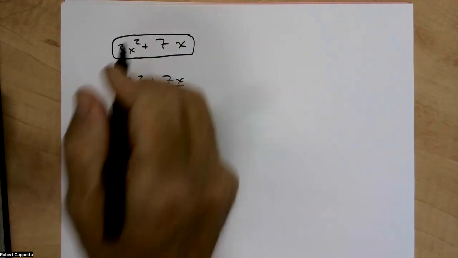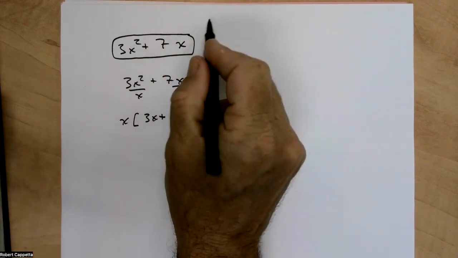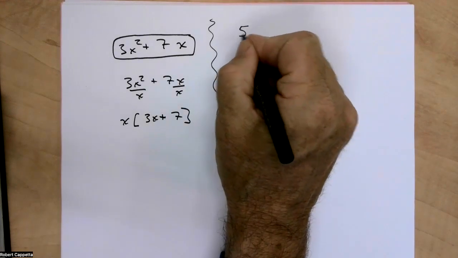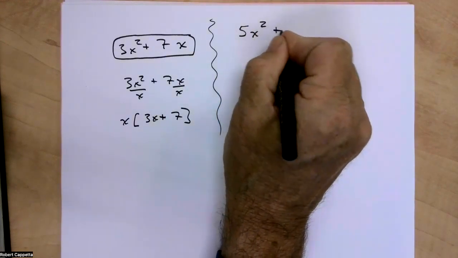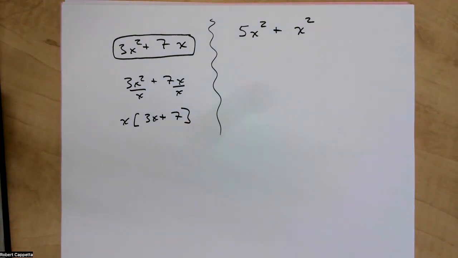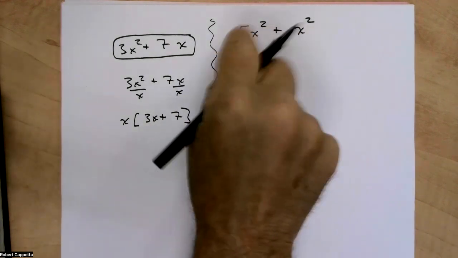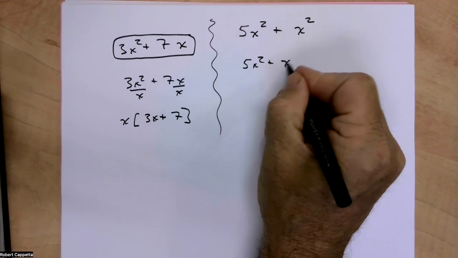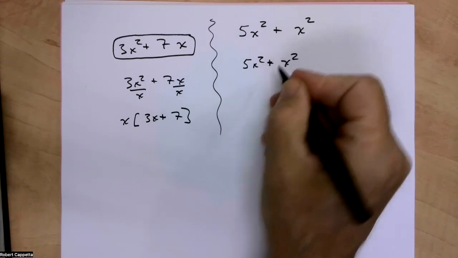So the only way they're like terms is if the variables are the same and the powers are the same. There's one other case that gets a little interesting. If I have 5x squared plus x squared, how do I make sense of this? How do we think about this process? Well, there's an x squared common to both, so let's play that factoring game again, just to think about what this means, what it represents.